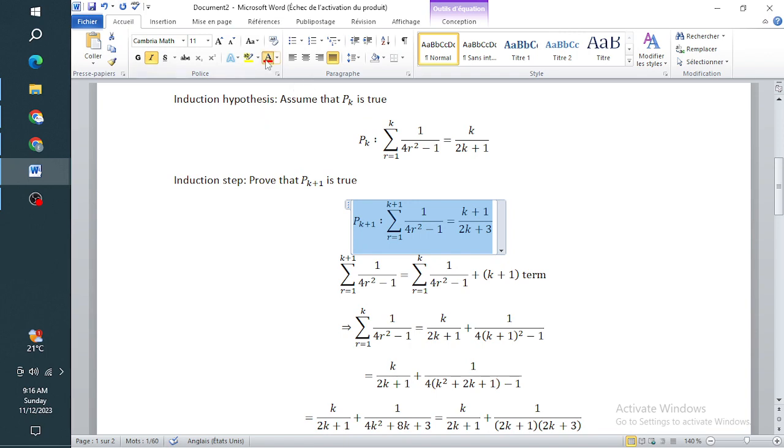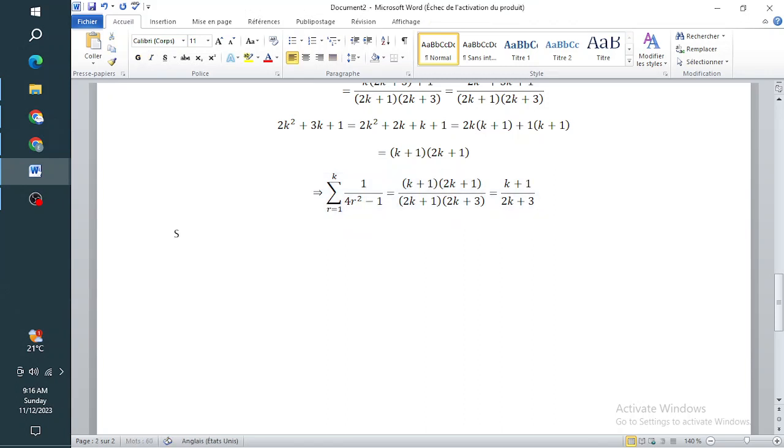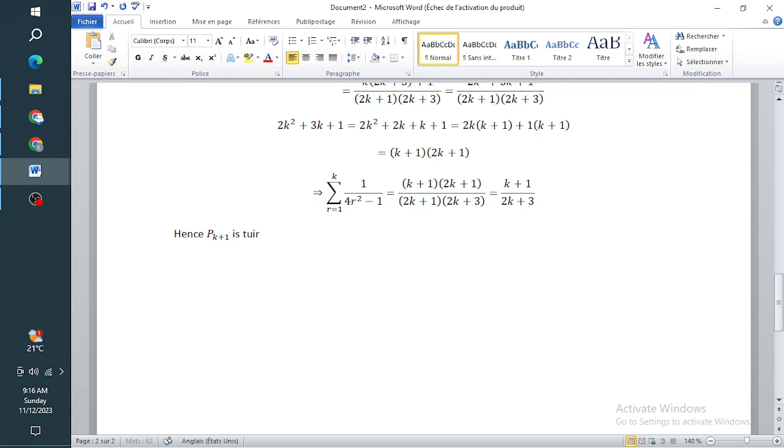So we have proven that the statement is true for n equal to k plus 1. We just conclude. So we conclude, hence P of k plus 1 is true.